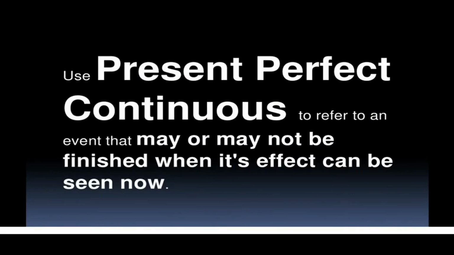Okay, let's see the present perfect continuous tense. Where you have to use it. Use present perfect continuous tense to refer to an event or an action that may or may not be finished when its effect can be seen now.